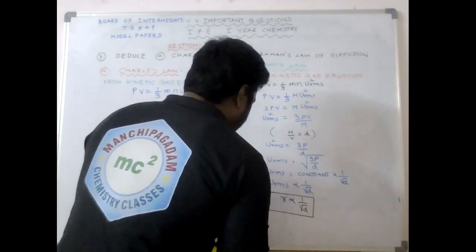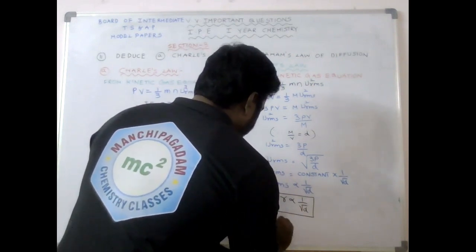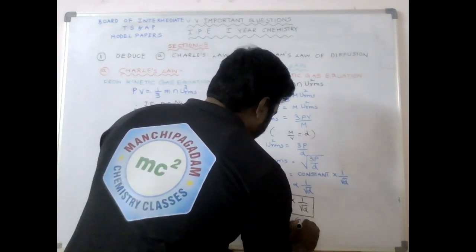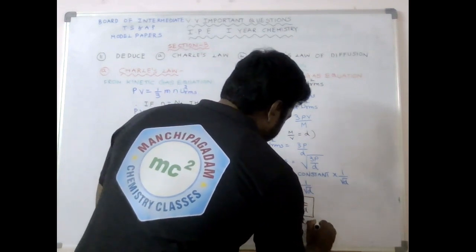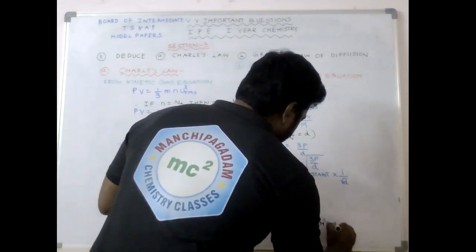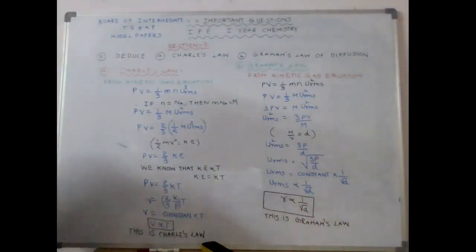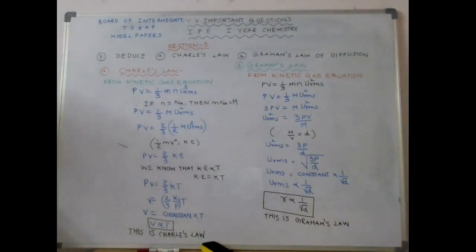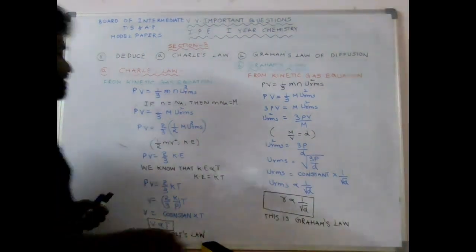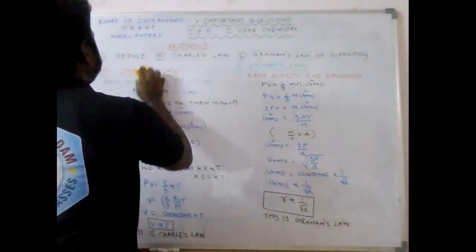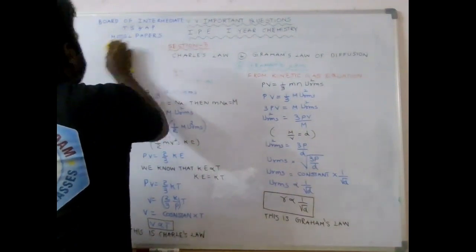This is called Graham's law of diffusion. That's it. Very simple, right? If you remember that kinetic gas equation, answering this question is very, very easy. We'll go for the next question now. Hope all of you copied this.